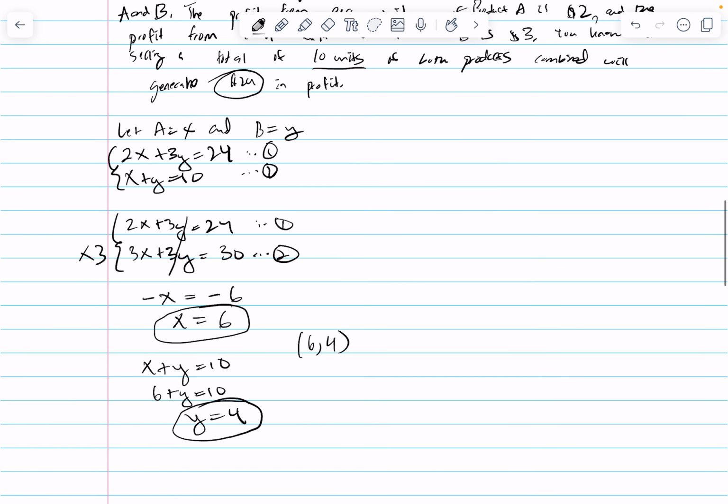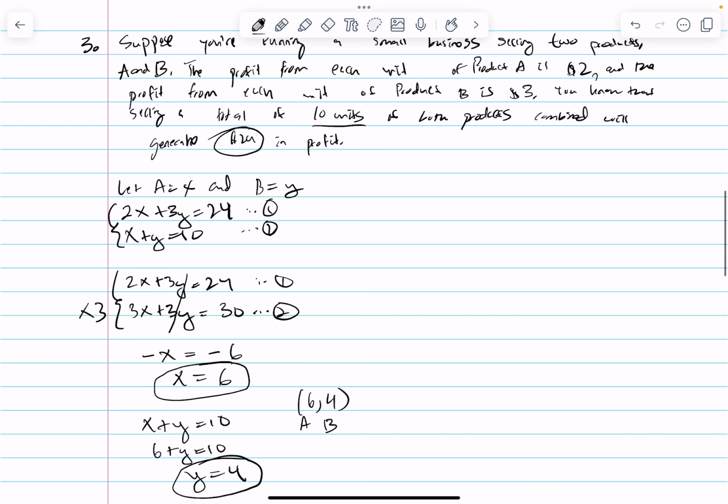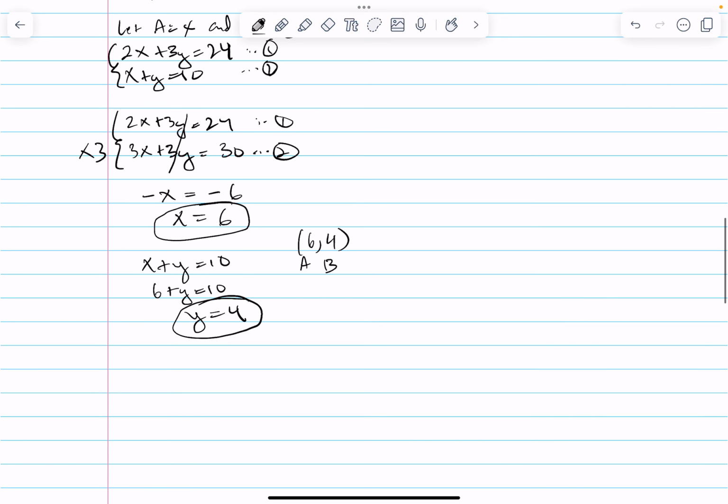So in the second equation, they're going to sell 6 units of product A and 4 units of product B, which in turn will generate $12 of profit for product A and $12 of profit for product B. So the answer is, to get a total of 10 units and to generate $24, we have to sell 6 units of A and 4 units of B.